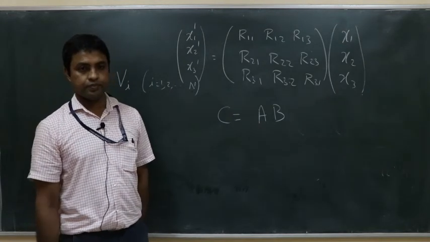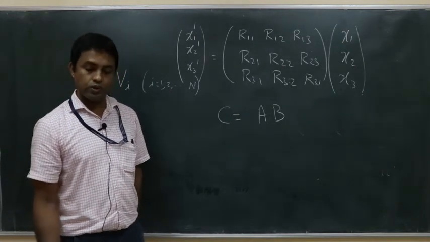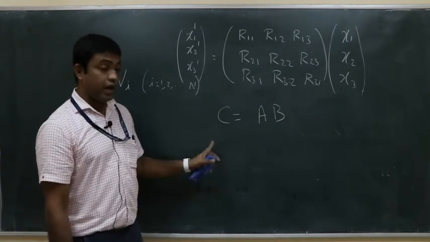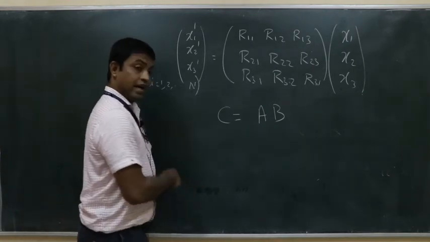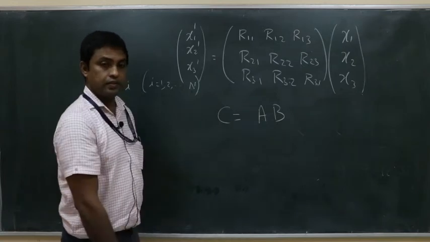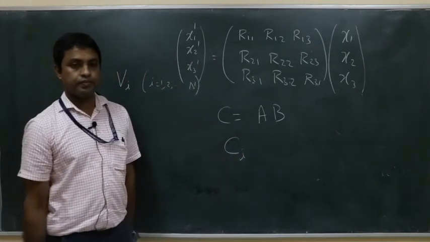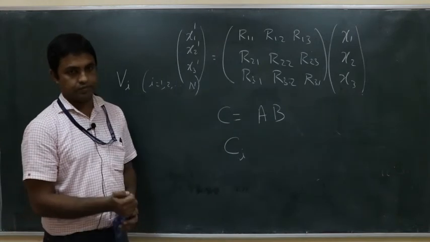C might also be a 2 by 2 matrix, so there will be 4 components. Now I want to write down the ith component of that C. What will that be equal to?